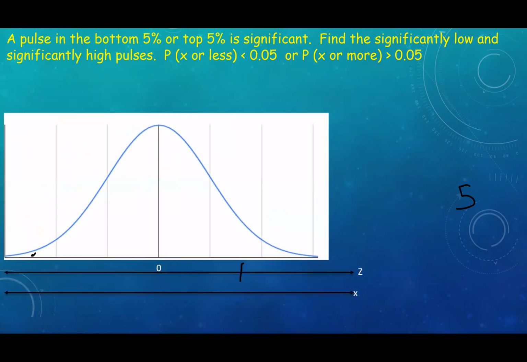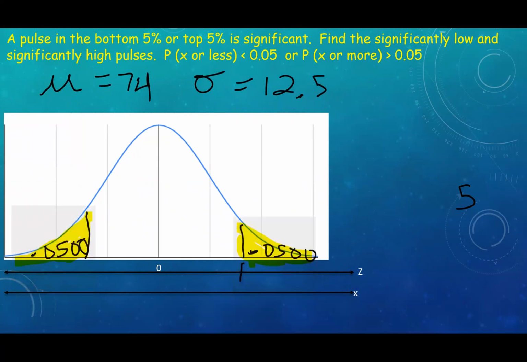So we start off with, as usual, our normal distribution graph with a z-axis and an x-axis. Now we know our mean is 74, standard deviation is 12.5. There's our shaded region. So we want to find the z-score that's going to give 0.05 here.